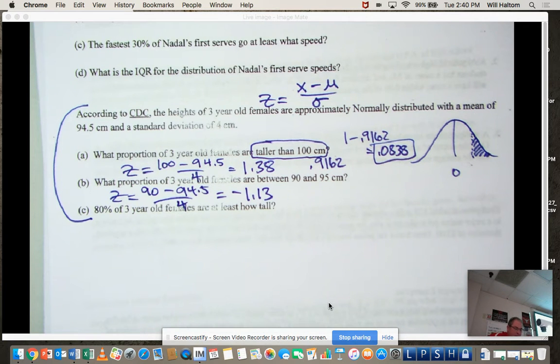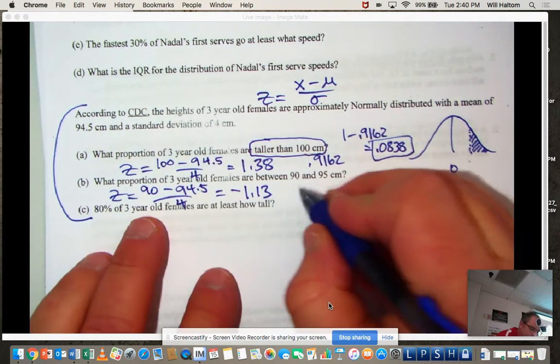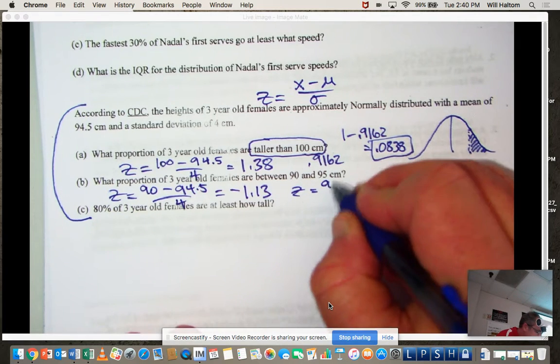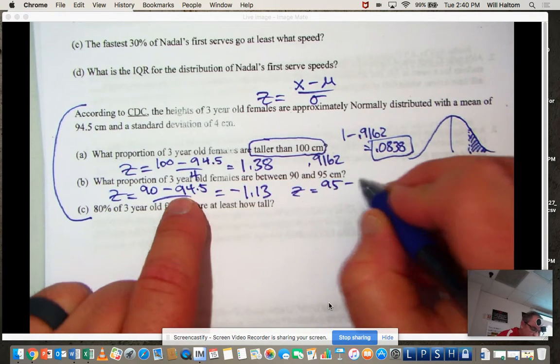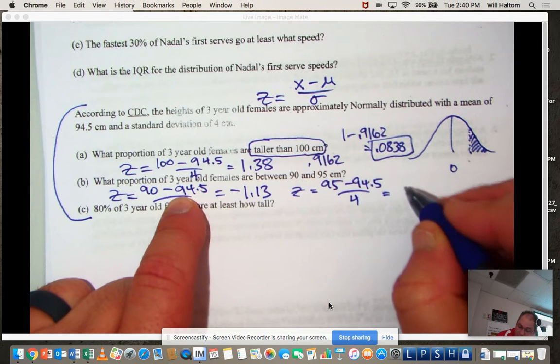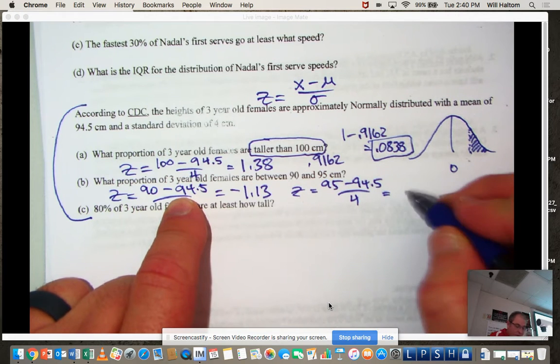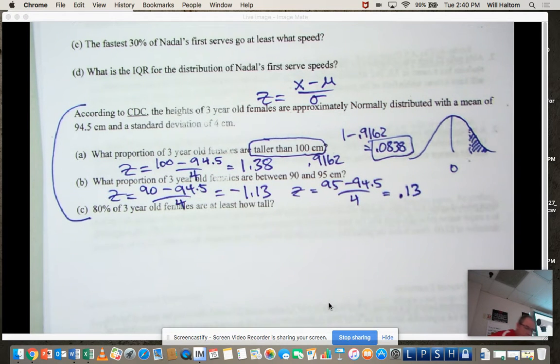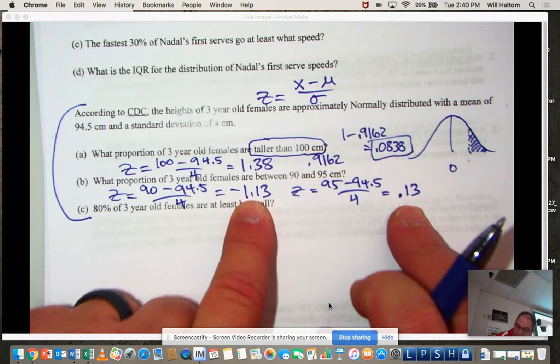And then I'm going to look at the other z-score, 95 minus 94.5, which is very close to the mean. Turns out it's 0.13.